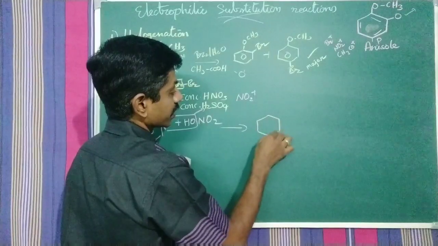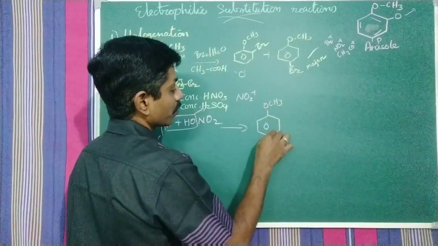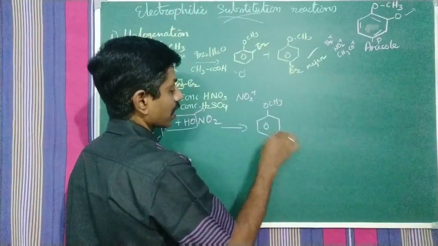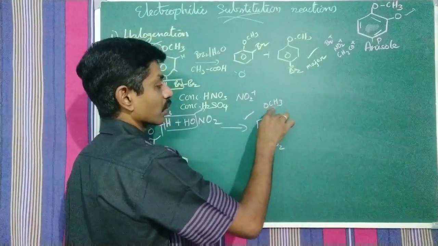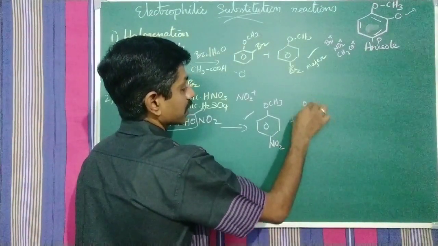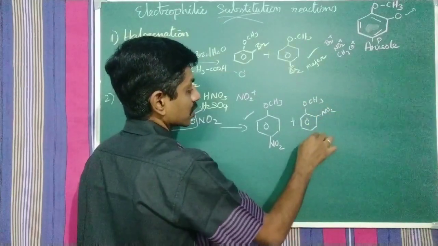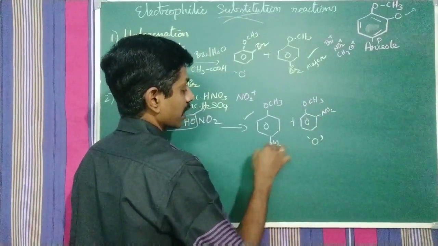In halogenation we saw the similar nature only. The most probable product is para-nitroanisole, and the minor product is also possible, that is ortho-nitroanisole. This is ortho isomer, this is a para isomer.